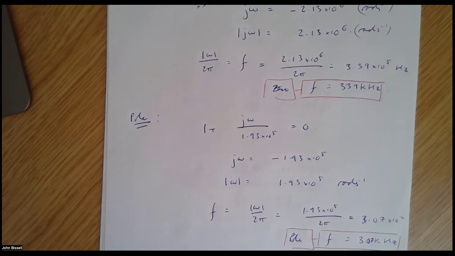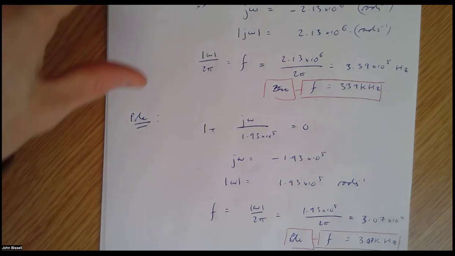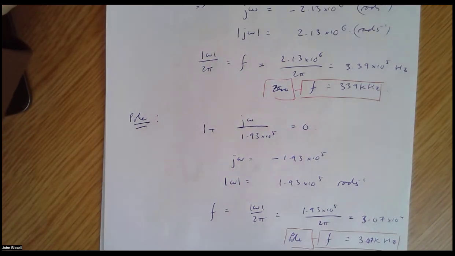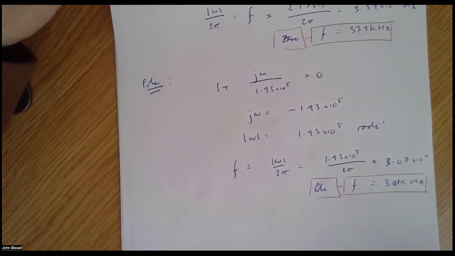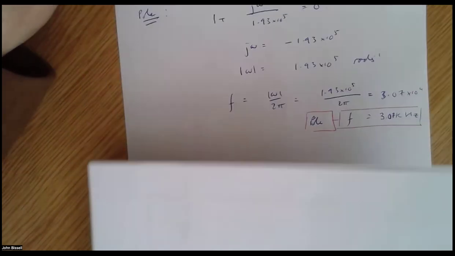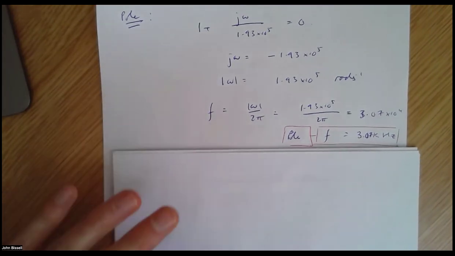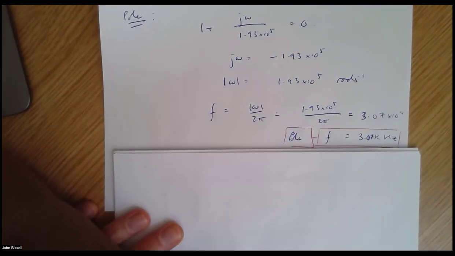Now it says describe the effect of zeros and poles on the amplitude response of a network at, below, and above the break frequency of the zero or pole. Is this not the part when we use the Bode approximation?